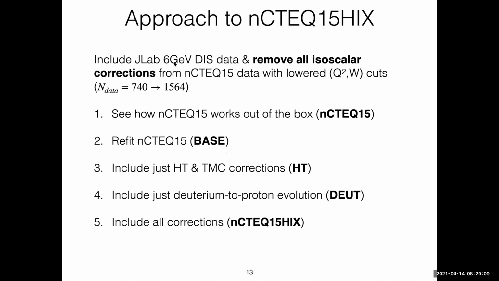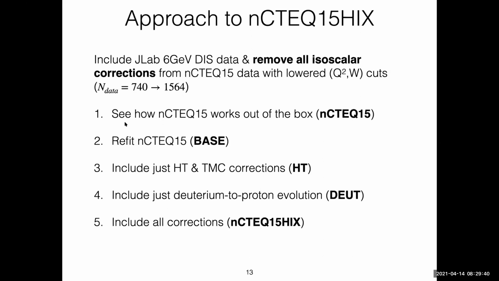We included all of the JLab 6 GeV DIS data that's within reach with these lower kinematic cuts. We removed all of the isoscalar corrections from the nCTEQ15 database. And then we lowered those kinematic cuts from nCTEQ15 down to this high X region, where we have Q greater than 1.3, W greater than 1.7. Effectively, that more than doubled the amount of data that we consider in our PDF extraction.